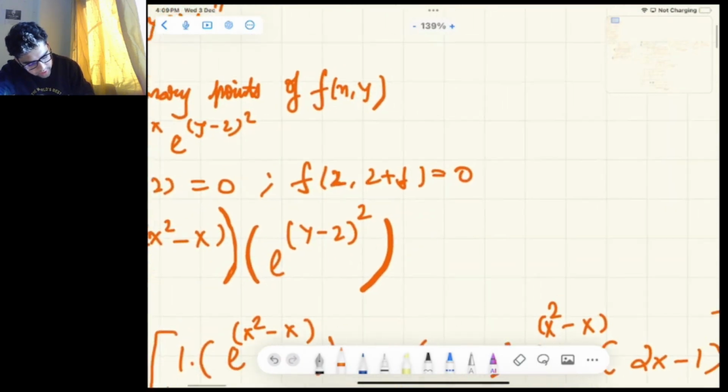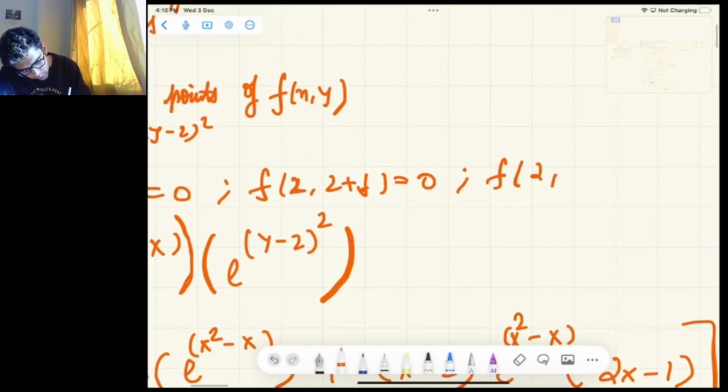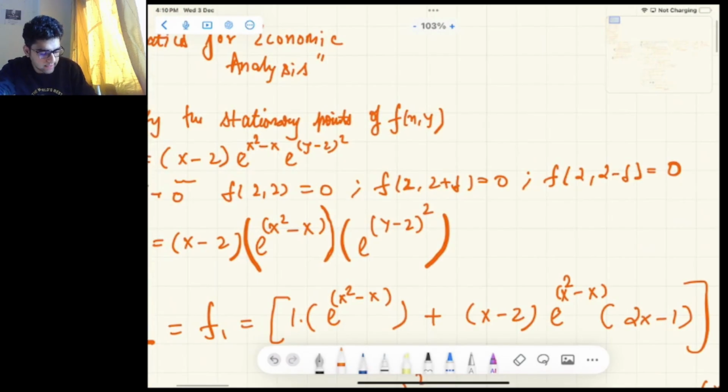right? And if I just try to put in one more point, f of 2 comma 2 minus delta, this term is also equal to 0. So I can in no way say that this is a local max or a local min, right?